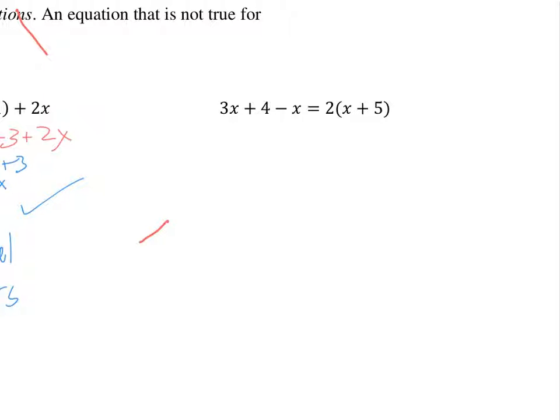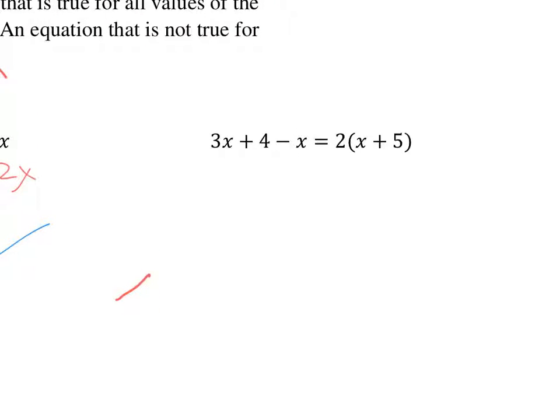Okay. One more here. Let's see. So here we're going to distribute 2x plus 10 on the left-hand side. Well, let's go ahead and simplify it here. So we've got 3x minus x, that's 2x. So we've got 2x plus 4 equals that.